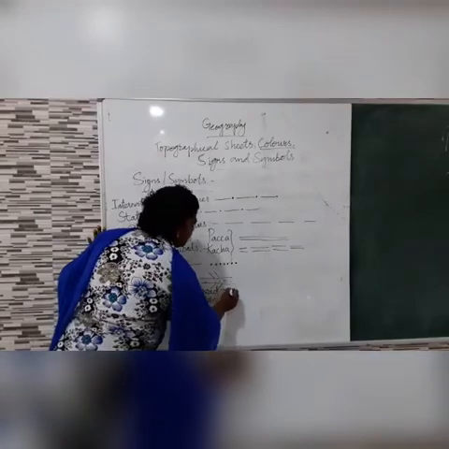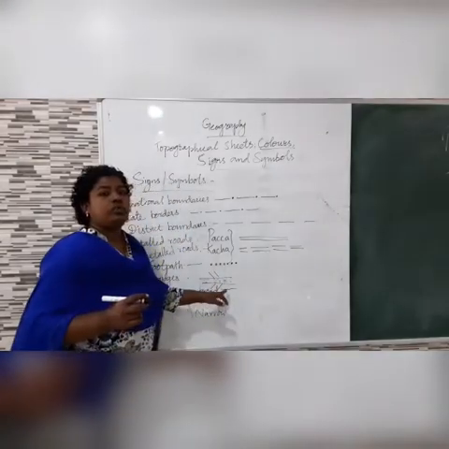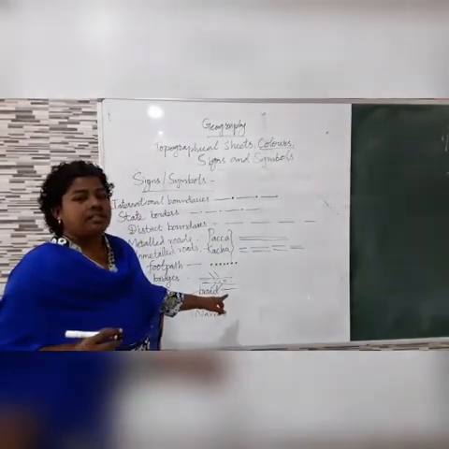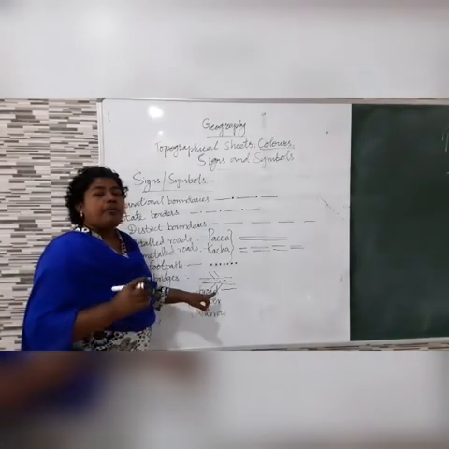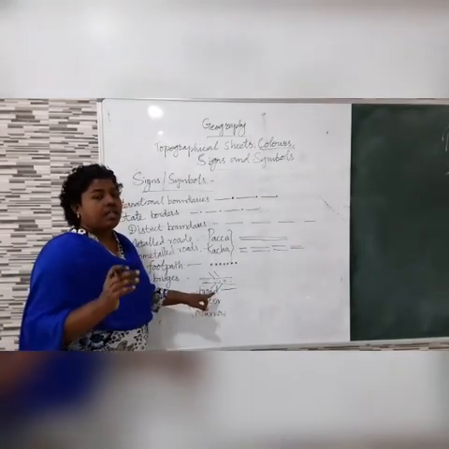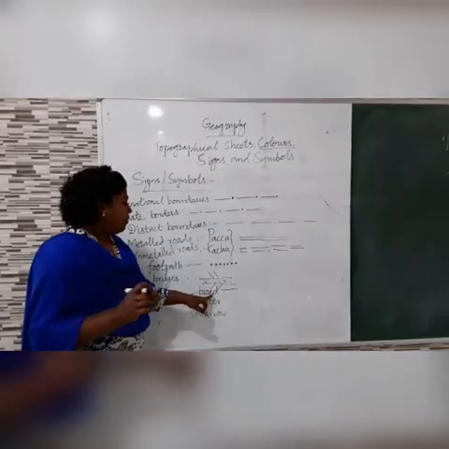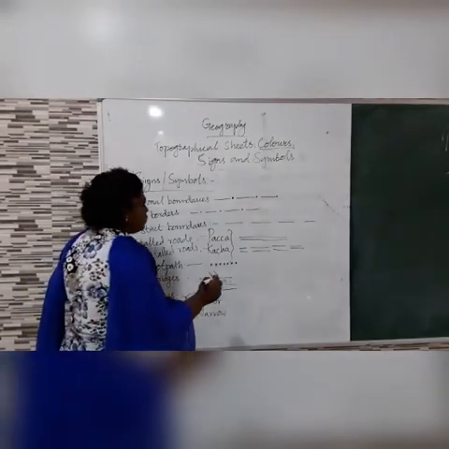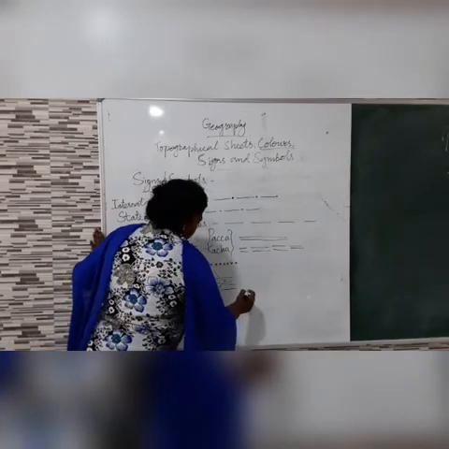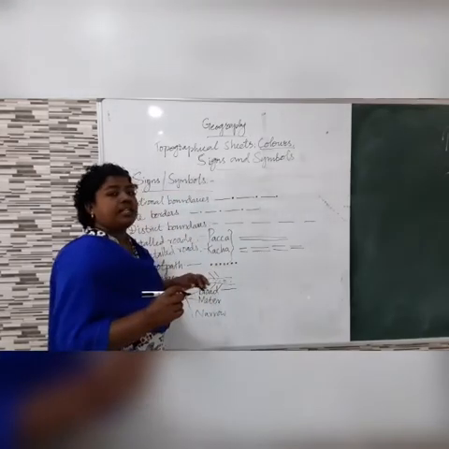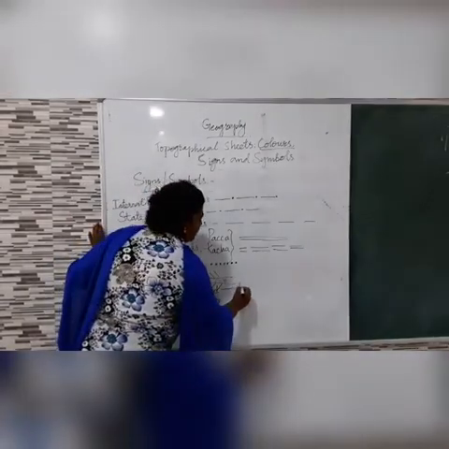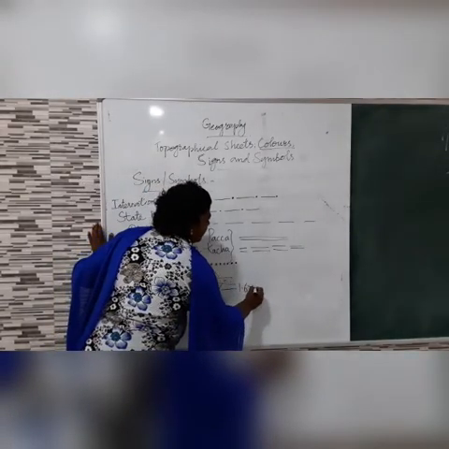Broad gauges are used to carry goods and passengers. These broad gauges are used in the developed areas. In the broad gauge, the distance between the tracks is 1.67 meters.